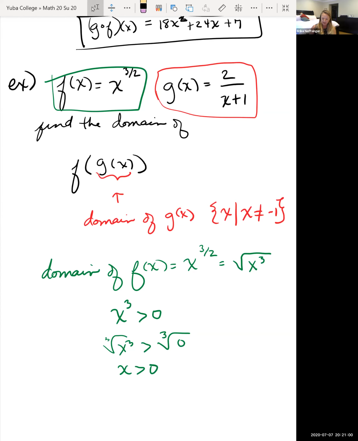So the domain of f of x, all my values of x actually can equal 0. Because that's not in the domain, and that's not in the denominator.